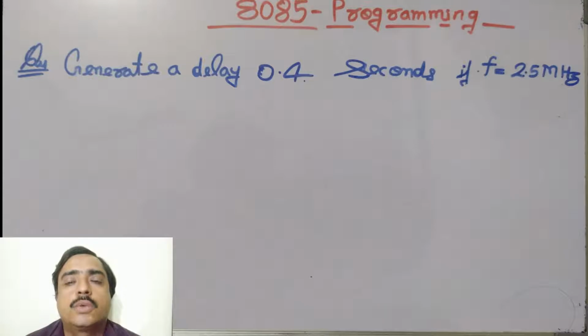Because the required delay is 0.4 second, much larger than microseconds, whatever the frequency used, it is safe to use the 16-bit counter. As frequency increases, the time period decreases. Accordingly we can judge which delay counter is required.